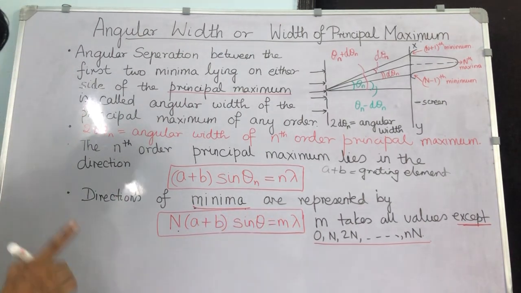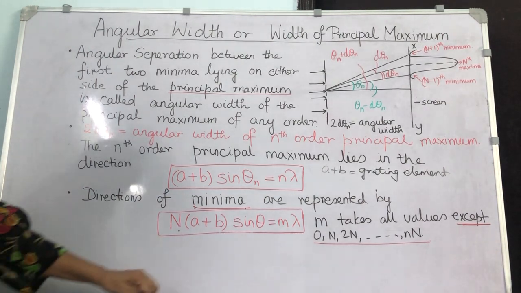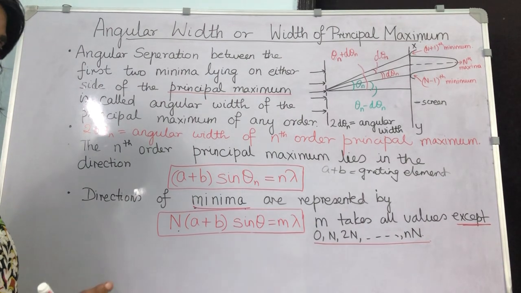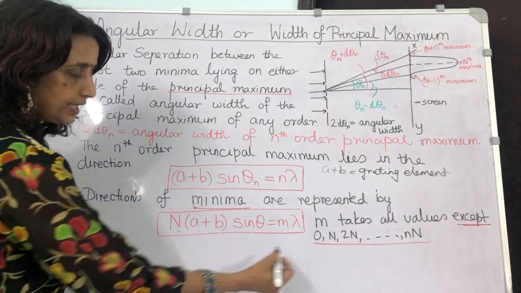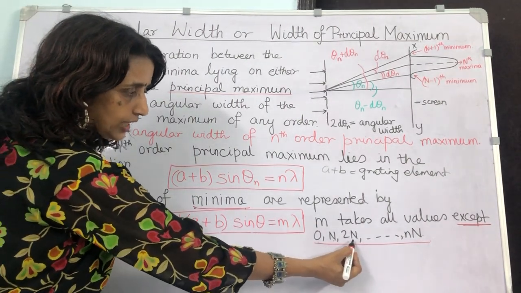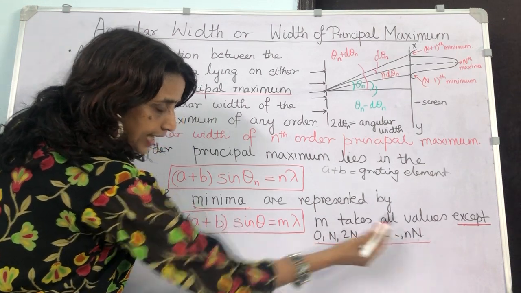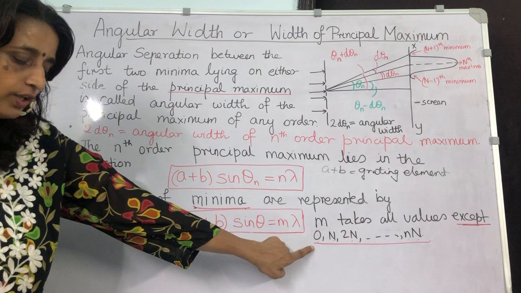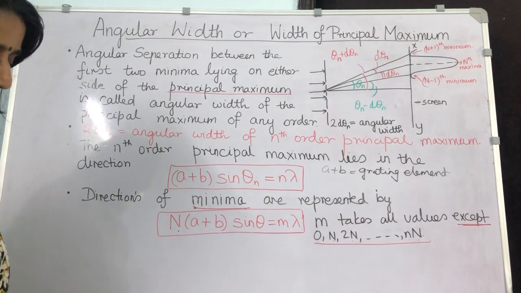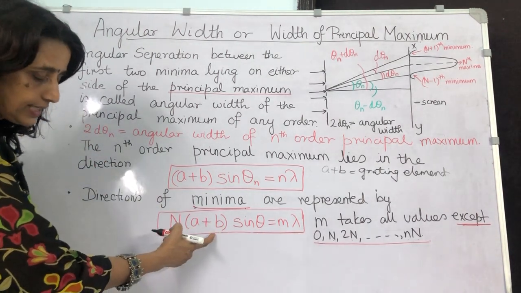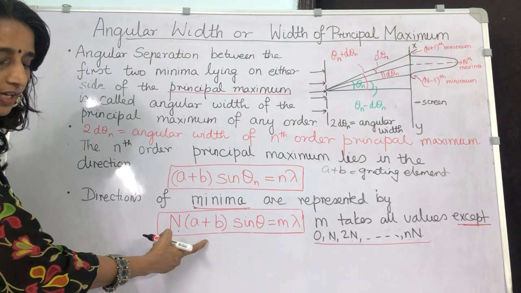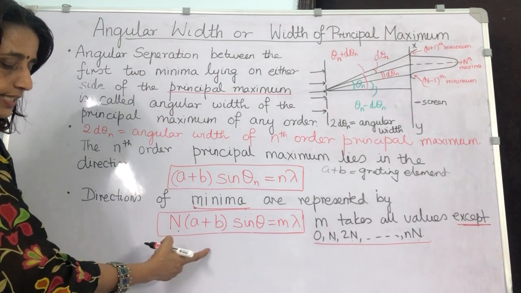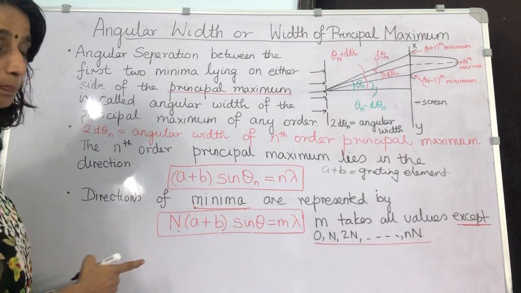Now the possible orders: m is an integer and it takes all values except 0, N, 2N, etc. up to nN. Why is this so? Because for these values of m, the equation gives us the directions of the zeroth, first, second and nth order principal maxima.